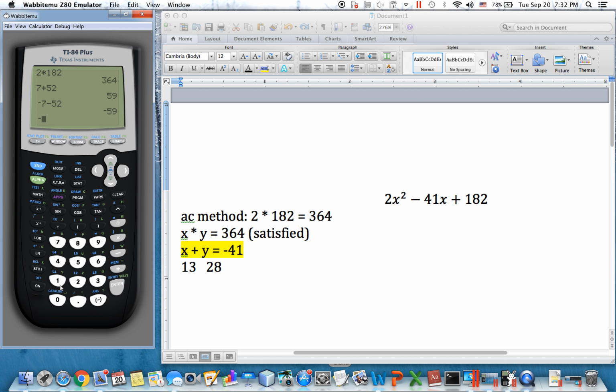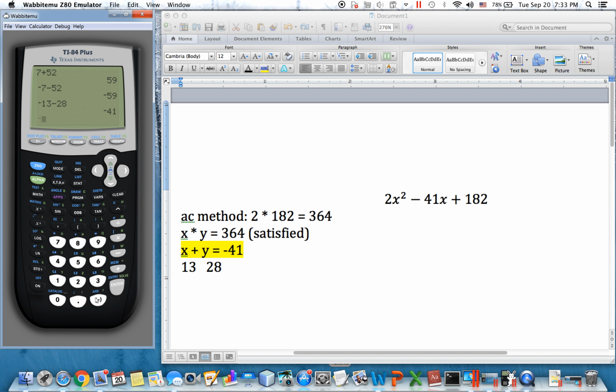Because we want a negative number, we don't have to check two positives, since the sum of two positives cannot be negative. So just check two negatives: -13 and -28 gives you -41. Okay, this is a good one.